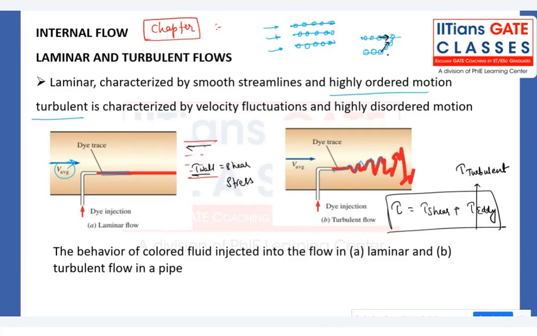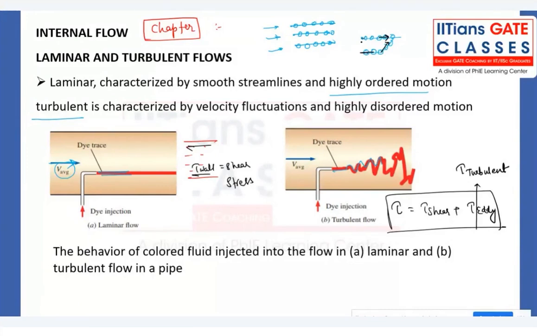Some fluid layers which are moving at a very low speed will start sending a message to the other fluid layers, those moving with some higher velocity, that a lot of restrictions have been imposed by the wall onto us. So how can you move forward with such a high speed? A huge amount of momentum message will be propagated. That message is also propagated in laminar flow, but it is very small.